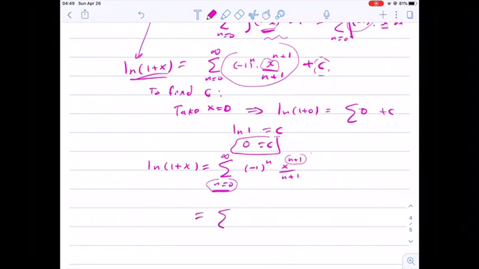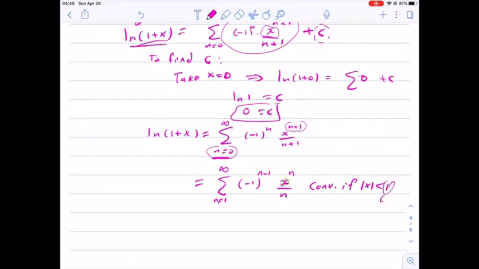So that means instead of starting from n equals 0, we start from n equals 1, and then we subtract 1 from each n inside the series. So this becomes x to the power n over n. And this is convergent if the absolute value of x is less than 1. So 1 is the radius of convergence.